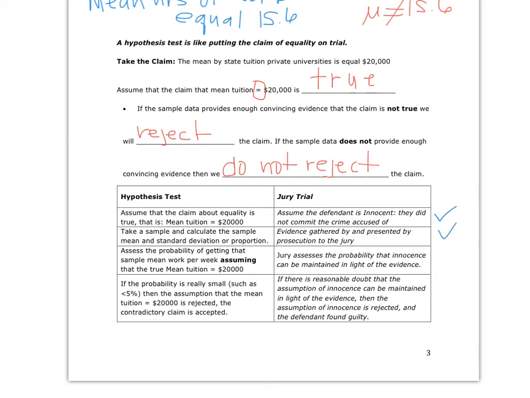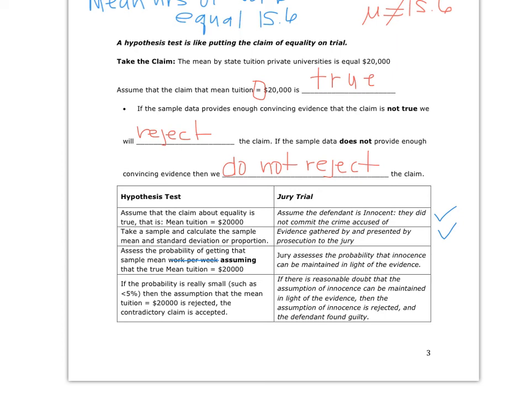All right, the third part of hypothesis testing is assessing the probability of getting that sample mean under the assumption that the true mean tuition is $20,000.